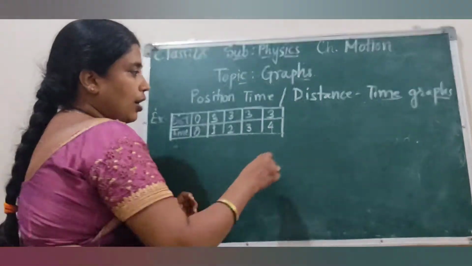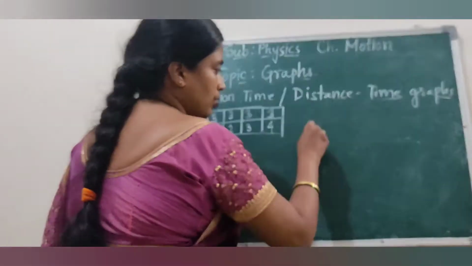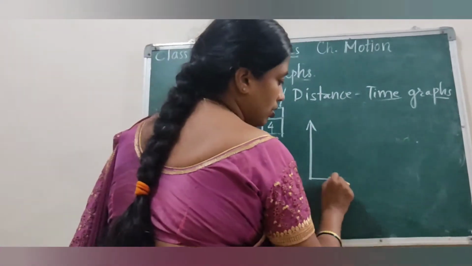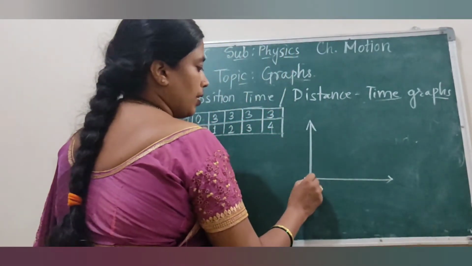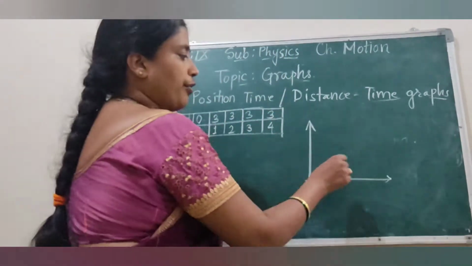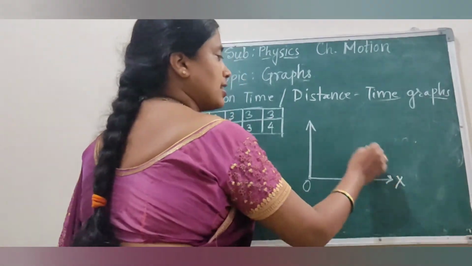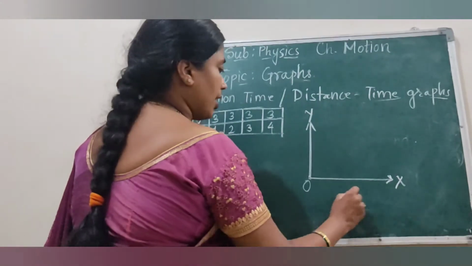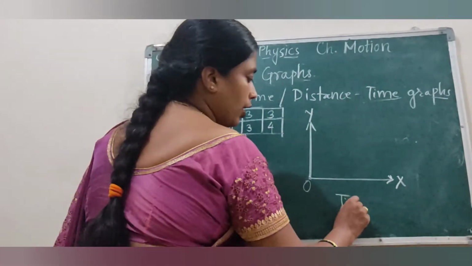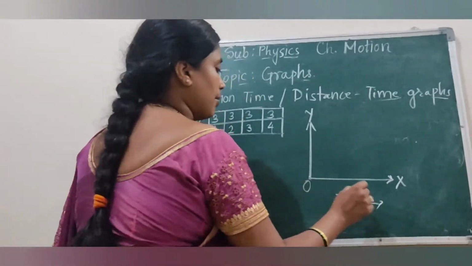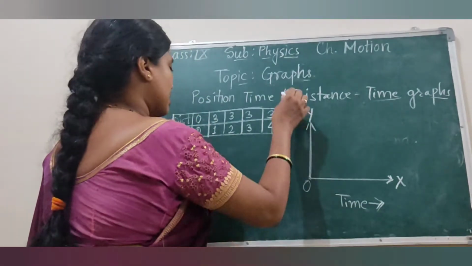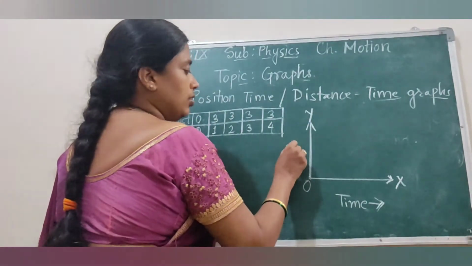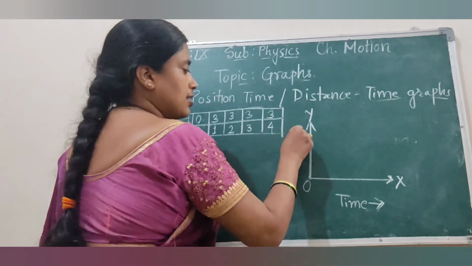Okay, now this is 0. The point of intersection of the x-axis and y-axis is 0. Here on the x-axis we are going to represent time, and on the y-axis we will represent the distance.